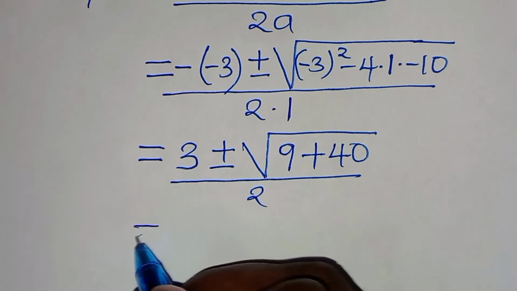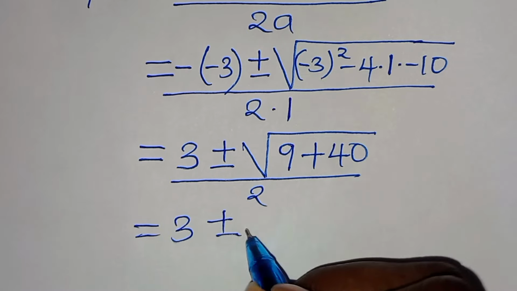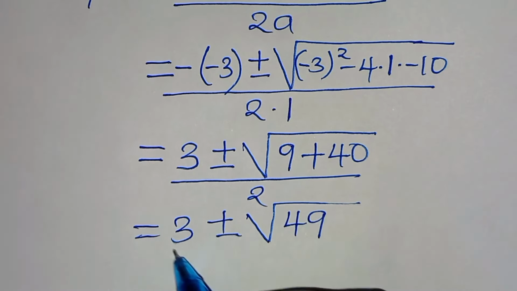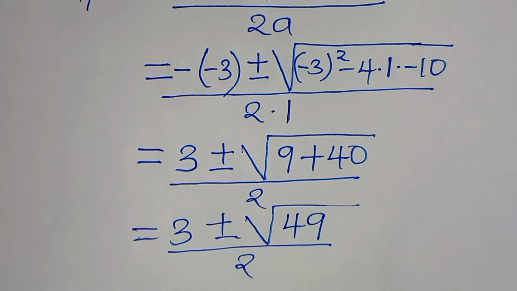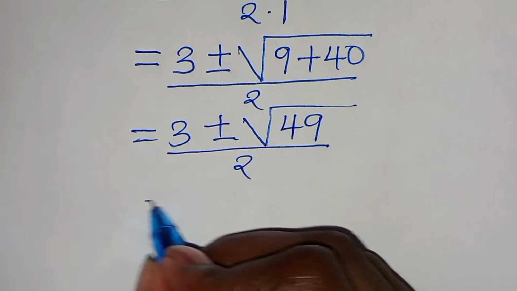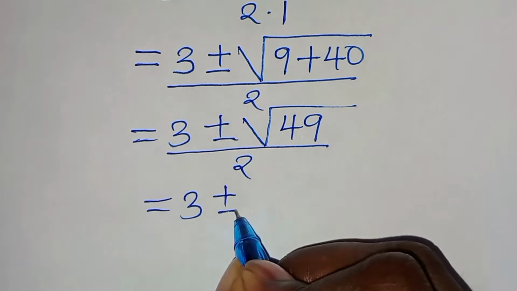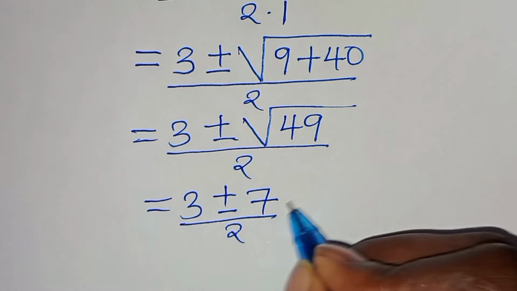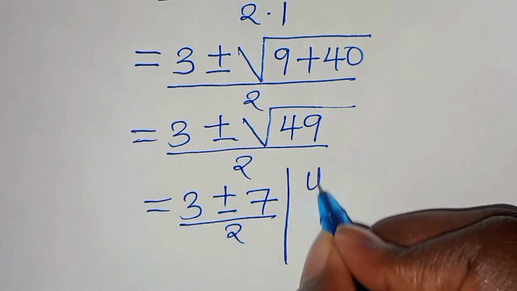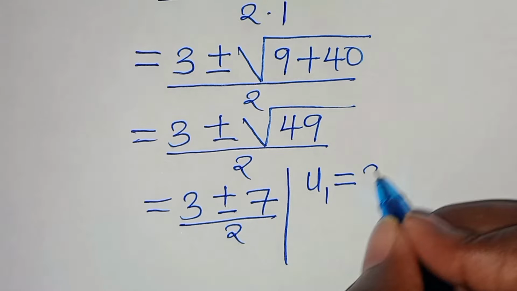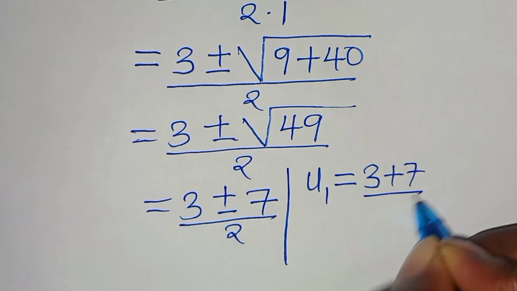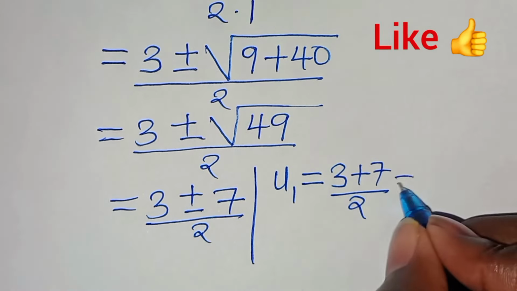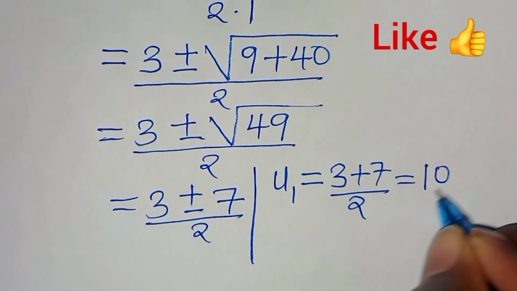So now we have 3 plus or minus the square root of 9 plus 40, this is 49, divided by 2. And this implies that we have 3 plus or minus the square root of 49, this is 7, divided by 2. And this implies that u1 is equal to 3 plus 7 divided by 2, that is 3 plus 7, this is 10 over 2.